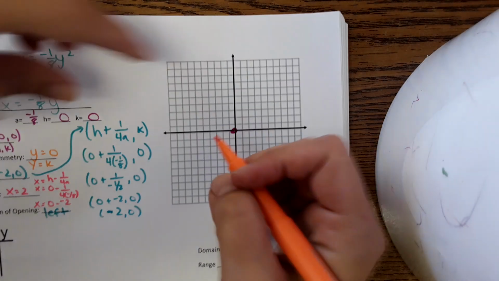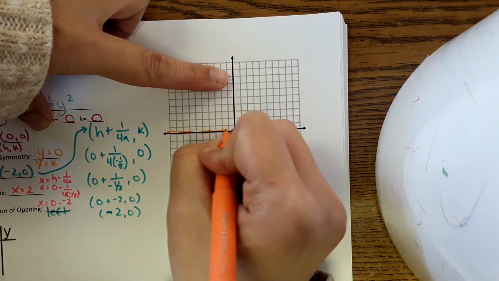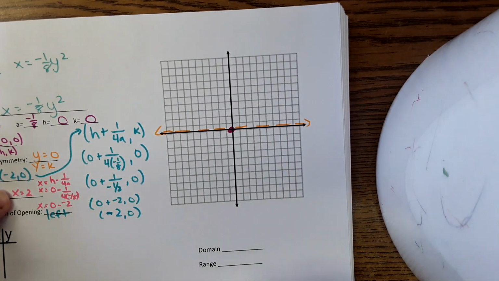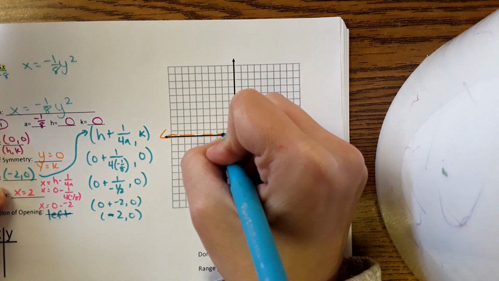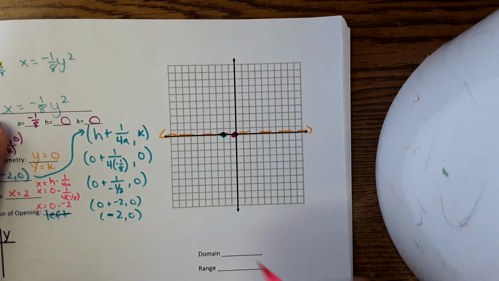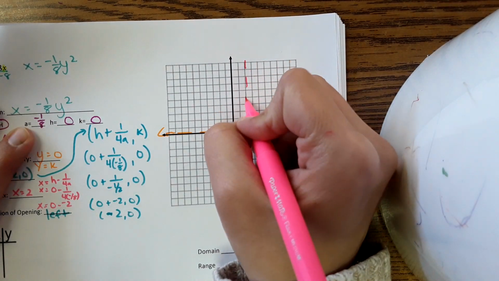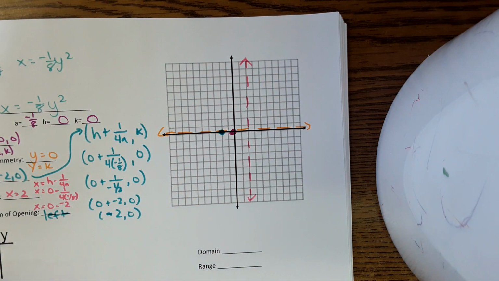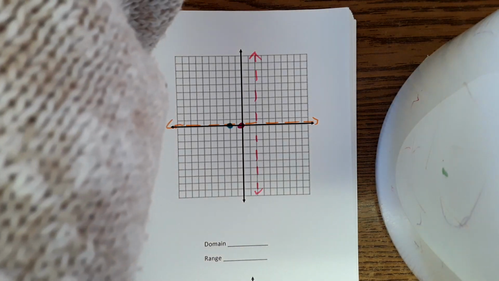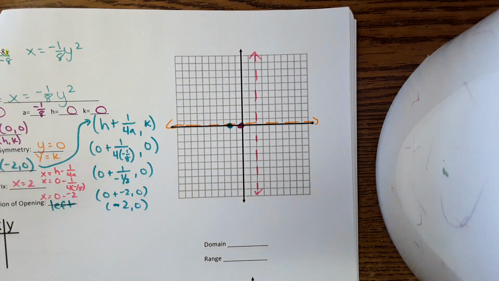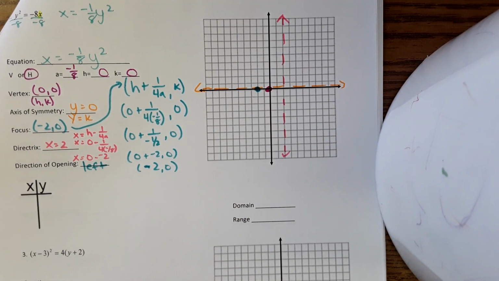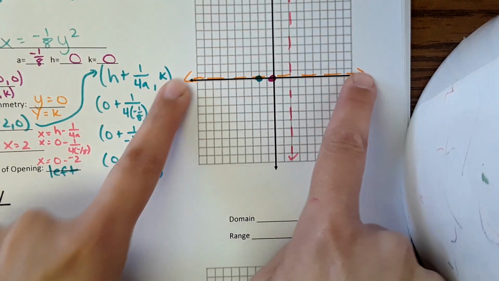Axis of symmetry is at y equals 0. It is y equals 0. So it's just here.